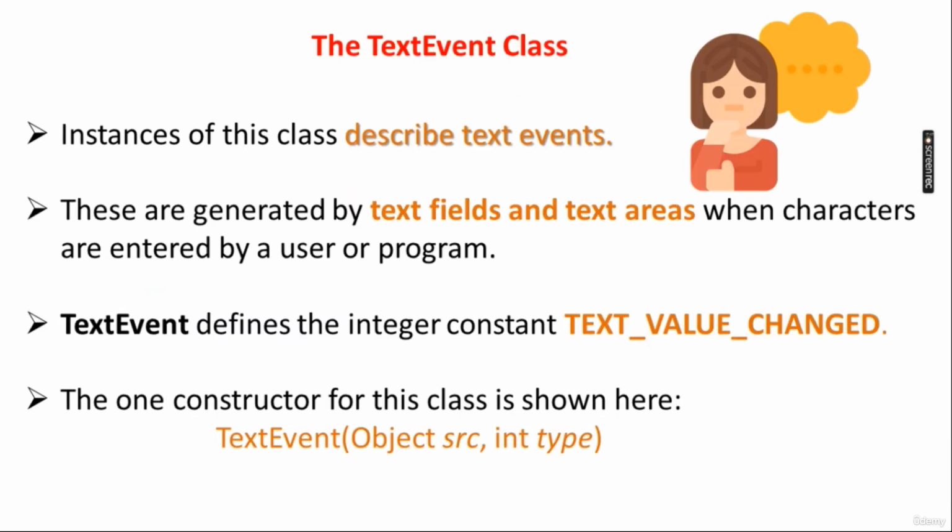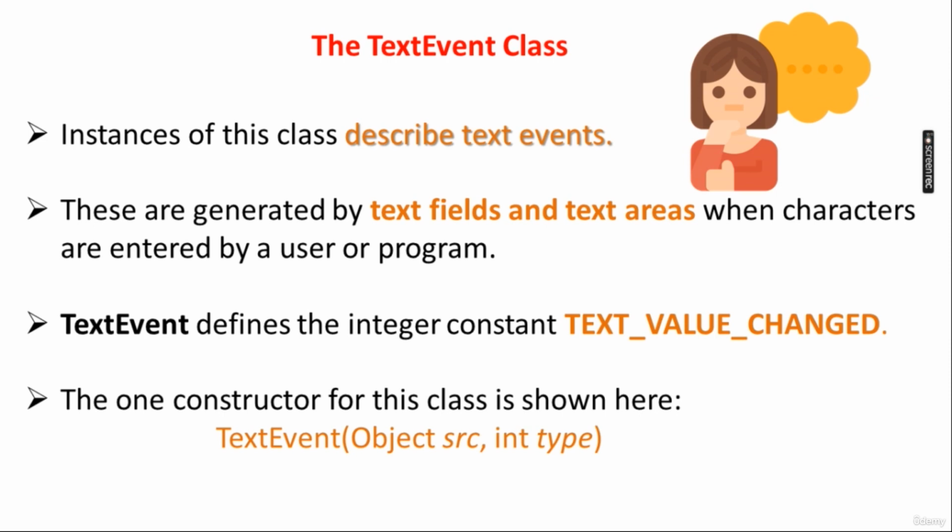It is shown here, int getScrollAmount. This is a method. Next, the TextEvent class. Instances of the TextEvent class describe text events. These are generated by text fields and text areas when characters are entered by a user or a program. This defines the integer constant TEXT_VALUE_CHANGED. Only one constant you have to remember.